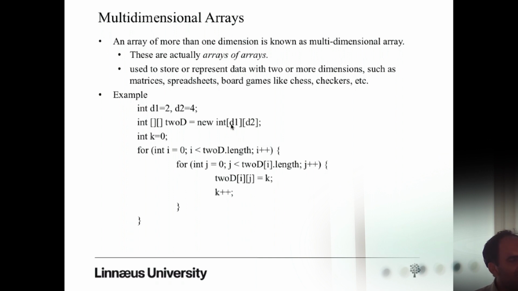Okay, so in that case, you need multiple indexes. So for that kind of data, you can use two-dimensional arrays. And how do you define them? We define them by putting, instead of one square bracket, two square brackets.